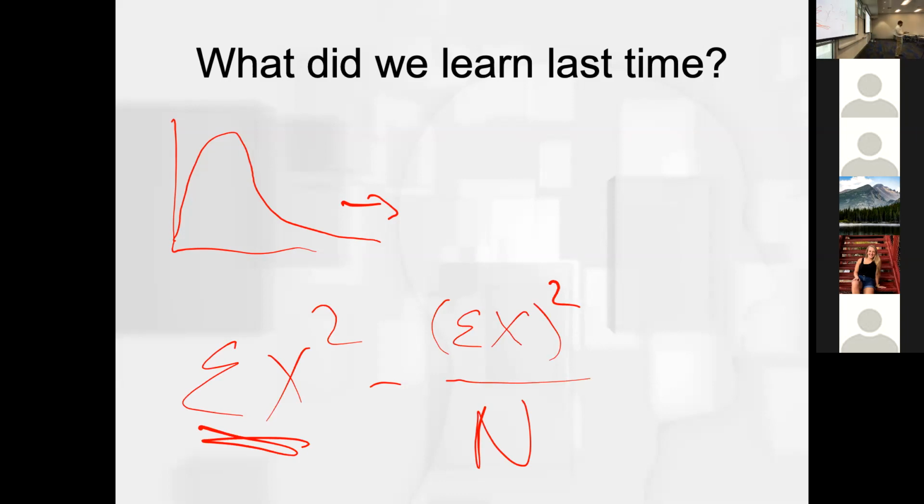Exactly. You square every x, and then add all of those squared values together. Then you're subtracting. What does this tell you to do over here? Exactly. You take the sum of all the x values, all the data points, add them together, then square that summed value, and then divide it by n. Exactly. Questions about what we covered last time?